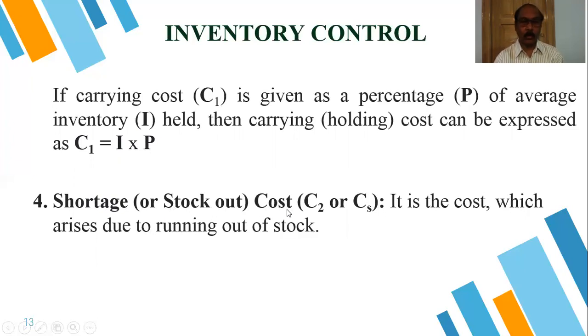Shortage or stock out cost. During production, the production department places an order requisition to the stores for a product. If the product is not available, production has to be stopped for that shift, and the workers are idle.